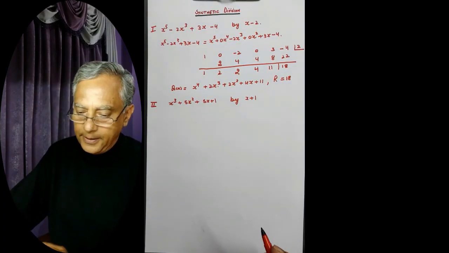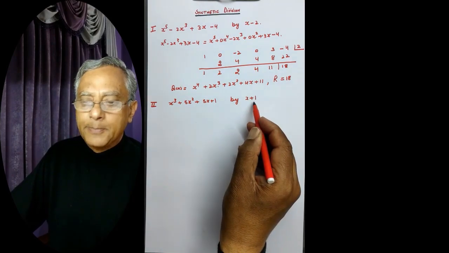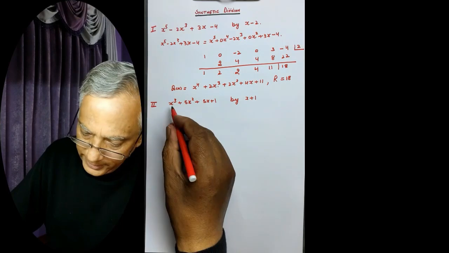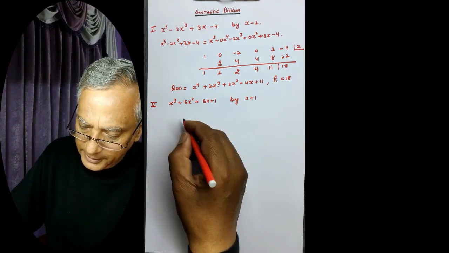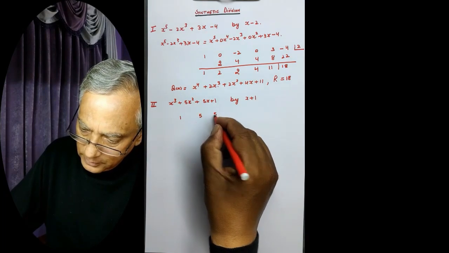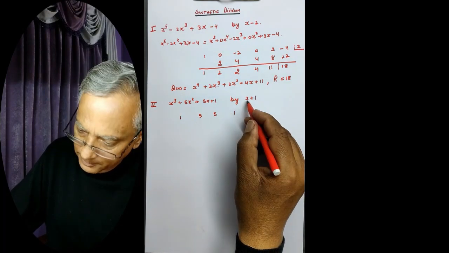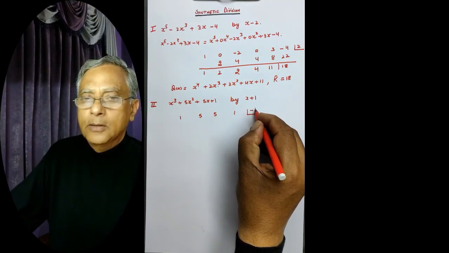Now next is divide x cube plus 5x square plus 5x plus 1 by x plus 1. So what we do is we write the coefficients of all the terms here: 1, 5, 5, 1. And if I put this equal to 0, I will get minus 1.